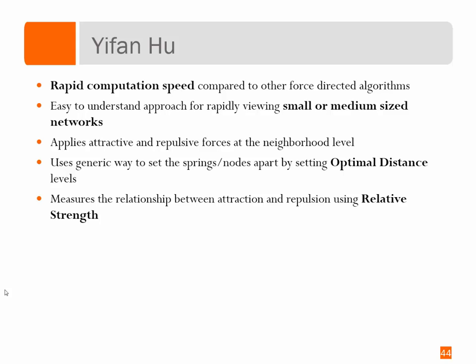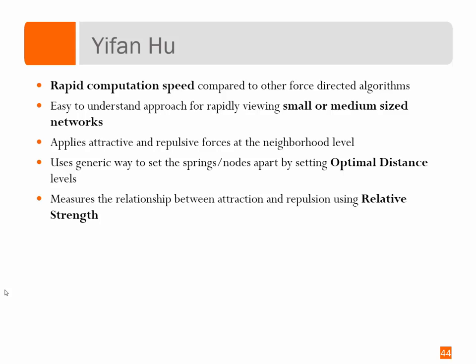And finally, let's take a look at the Yifan-Hu. One of the benefits of the Yifan-Hu is rapid computation speed compared to other force-directed algorithms. So it's easy to understand the approach for rapidly viewing small or medium-sized networks.